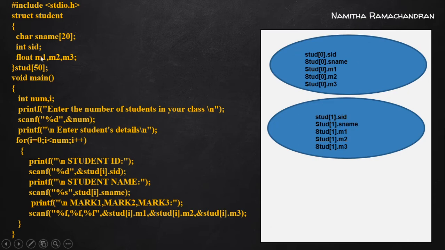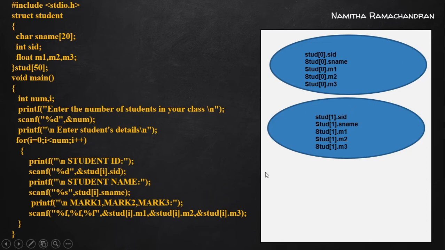So for the first student, we need this much memory allocation: one for an integer student ID, 20 consecutive bytes for the first student's name, and different bytes for representing three different marks.